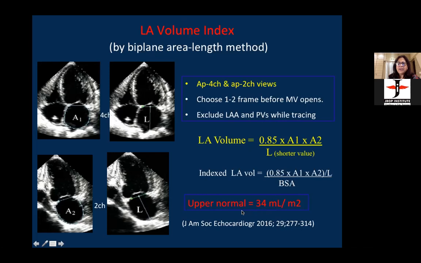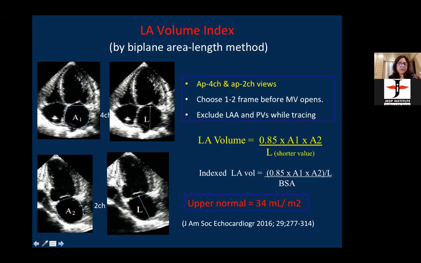The upper limit of normal is 34 ml per square meter of body surface as per the latest recommendation of ASE. But as you see, if you measure the anteroposterior diameter, you may get normal, but the moment you go to the LA volume, it may happen that you get a larger LA volume.